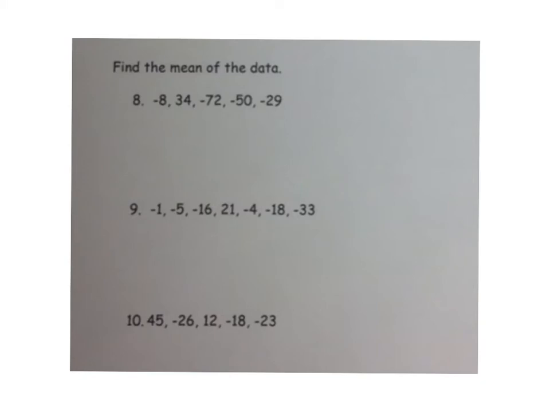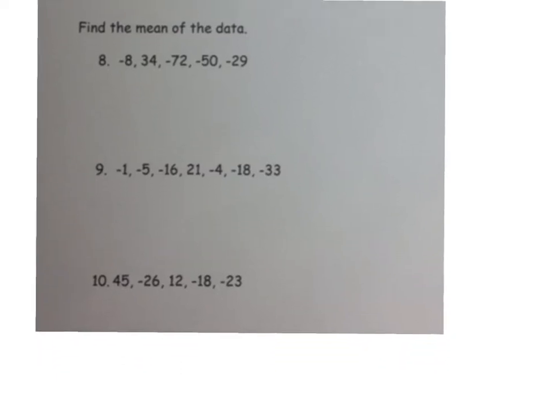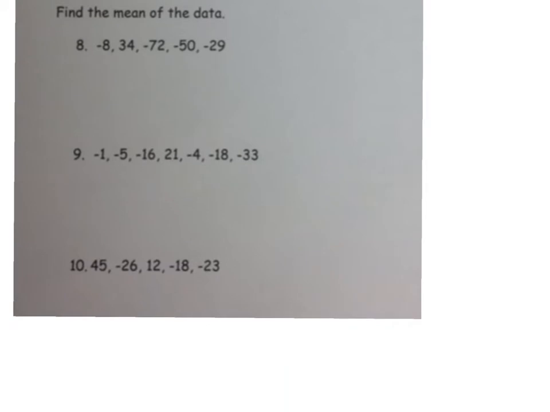Finding the mean of some data. I'm going to do one for you, and then we're going to pause the video, and I'm going to ask you to do number 9 and 10. So let's right now do number 8. What I want to do is add up this data, and I have 1, 2, 3, 4, 5 pieces of data.